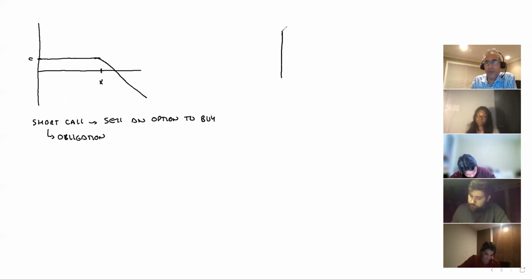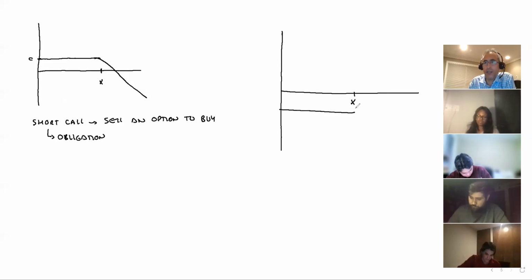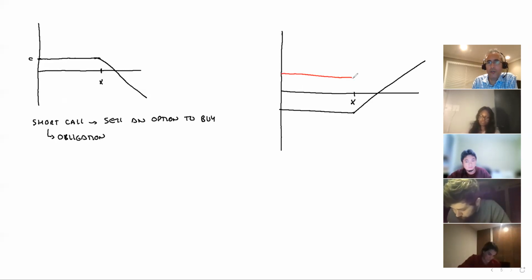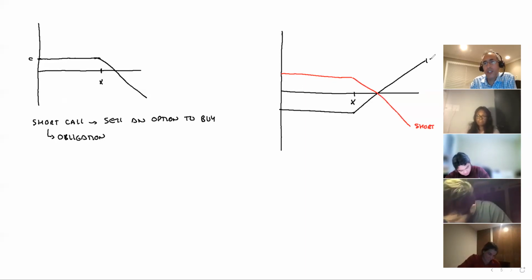So basically, guys, if we put these two graphs in a single one, this is X. This is going to be my long call, and this is going to be my short call. This is my short, and this is my long.